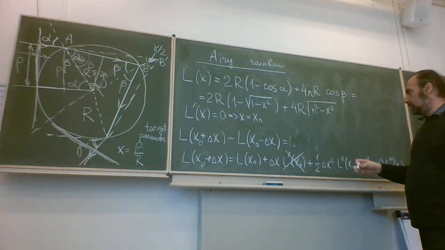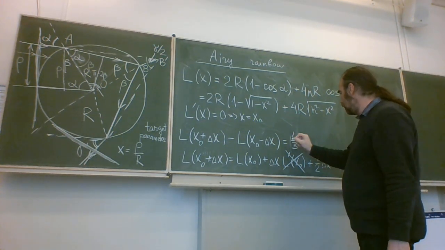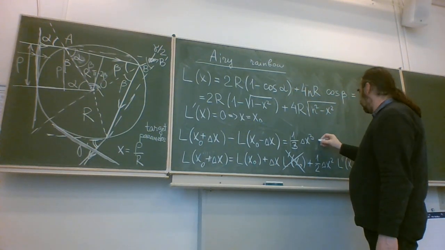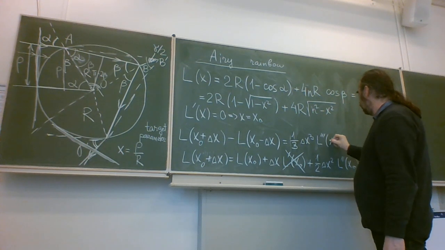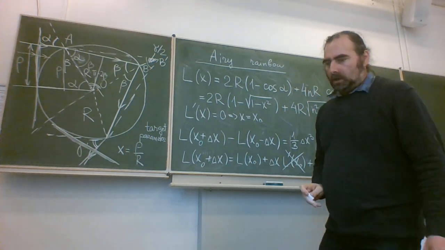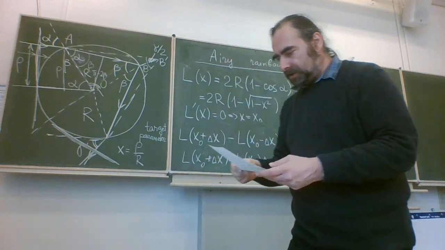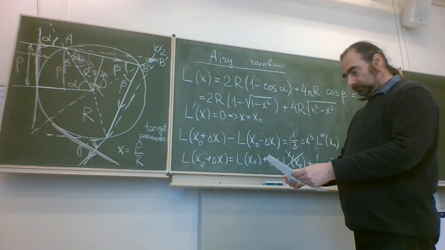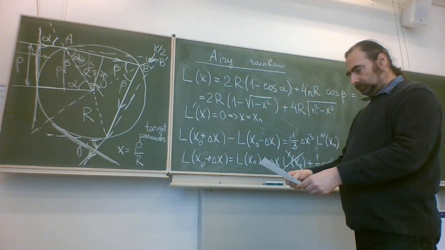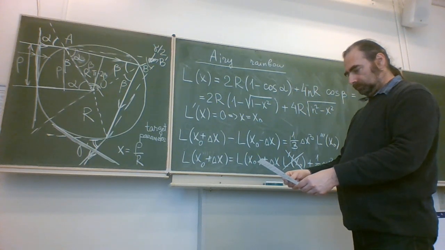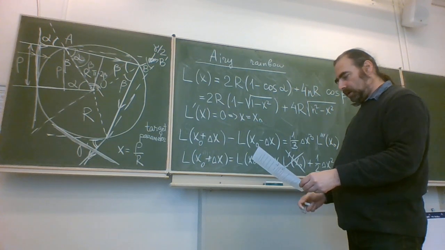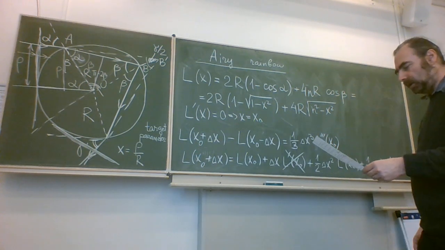So what I get is 1/3 delta x cubed, and then the third derivative at x naught. Let me make it consistent with my notations. No, I cannot make it consistent with my notations, never mind.